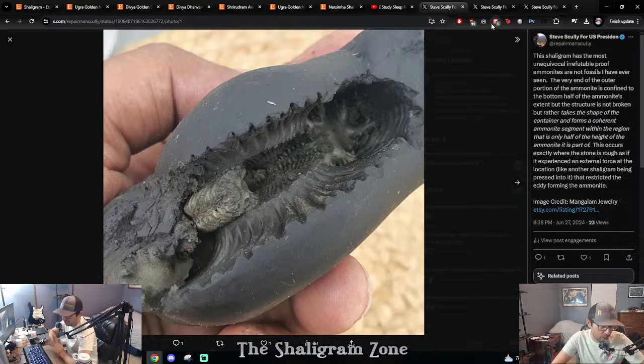So this is a shaligram. It is sacred in Hindu religion. It is considered an ammonite, but is actually caused by current flows of water that occurred during the global flood.